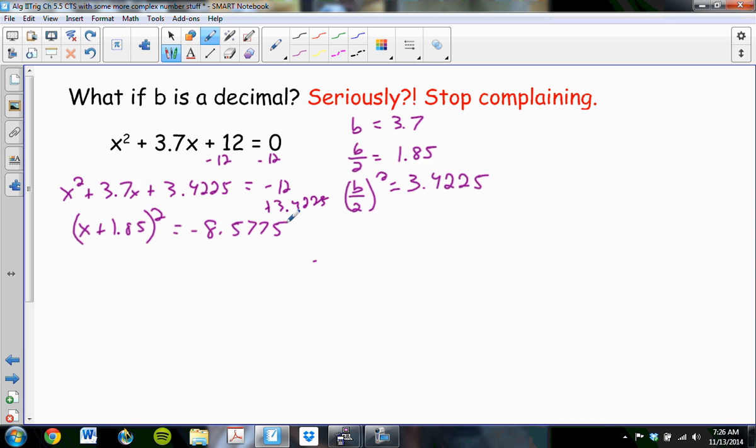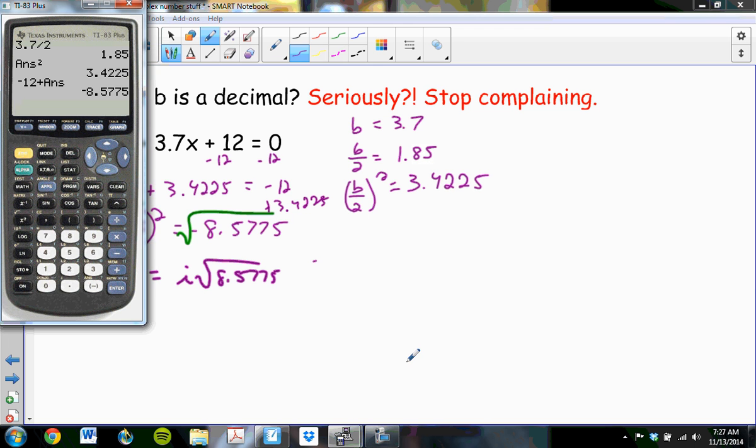And from here on out, I'm just going to grunt things. Again, when I square root both sides, I have an i, which means that I have x + 1.85 = i√8.5775. I'm not trying to calculate that square root, just because I've already got decimals to begin with, so why not?